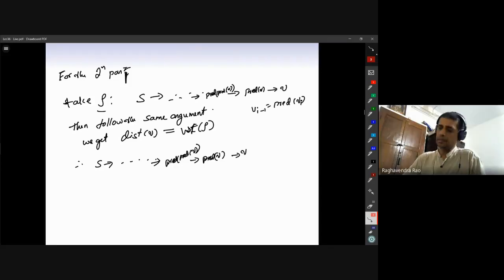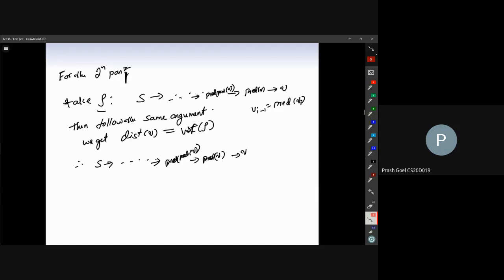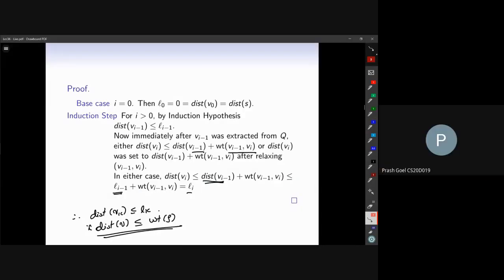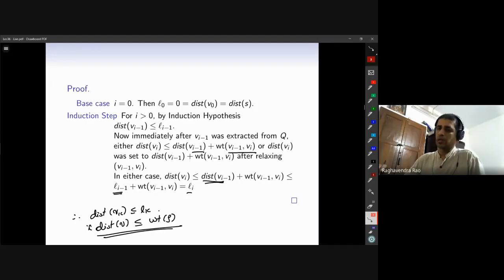Hello, sir. In the first part of the proof, we showed that distance of V should be less than the weight of rho, for any S to V path. It means that the distance of V that the algorithm computes has to be less than the weight of any path that's possible between S and V, right? Yeah, less or equal to. Need not be less.